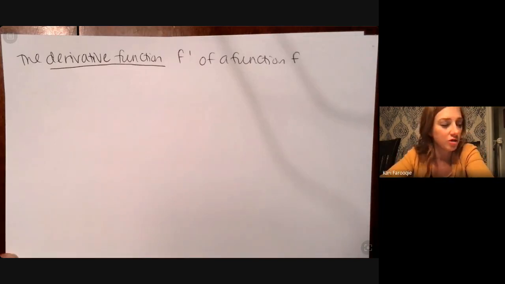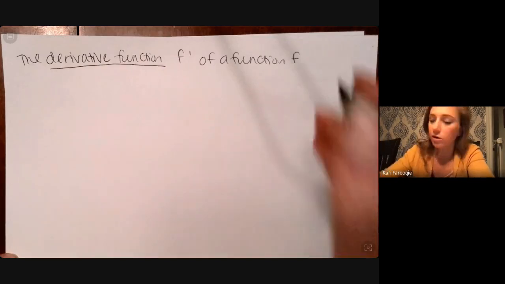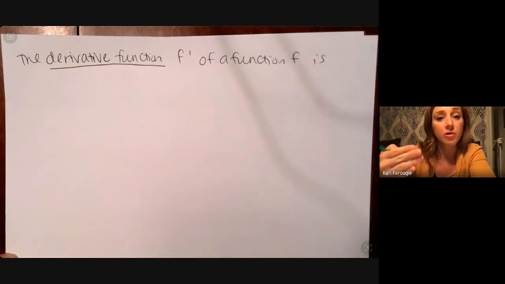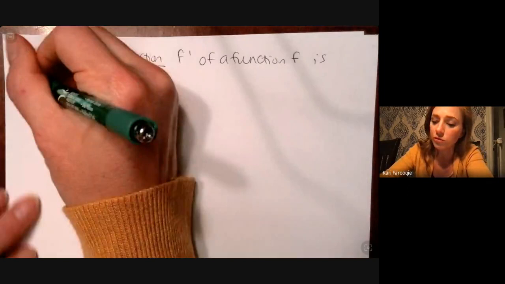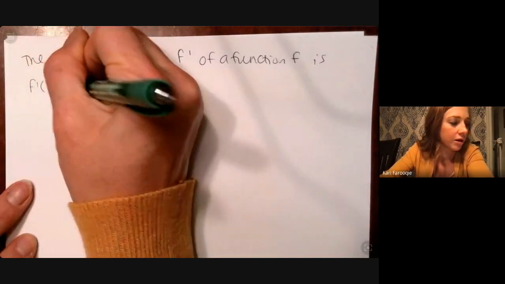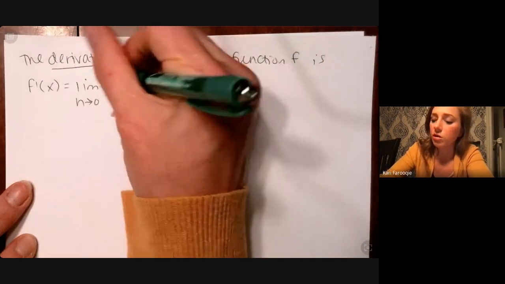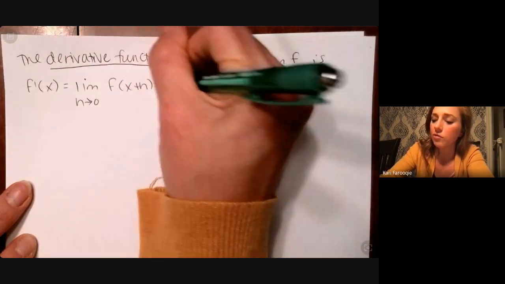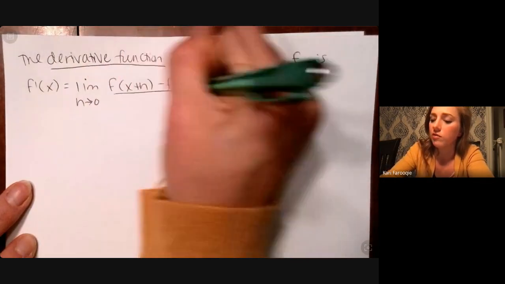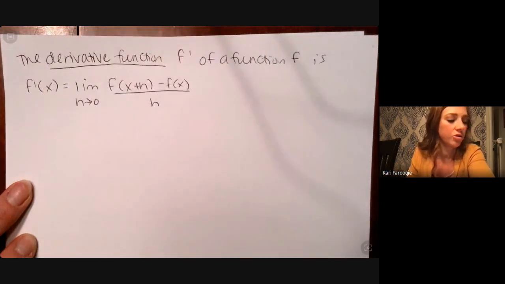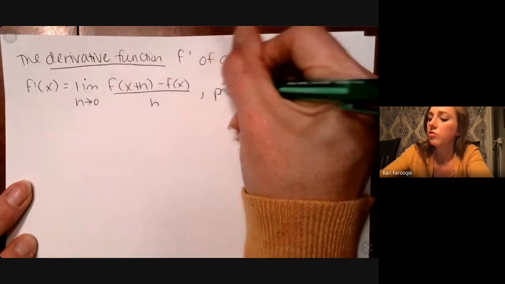The derivative function f prime of a function f is... Now, here's where that alternative form of the derivative comes back around. F prime of x is the limit as h approaches 0 of your difference quotient, f of x plus h minus f of x divided by h, provided the limit exists.